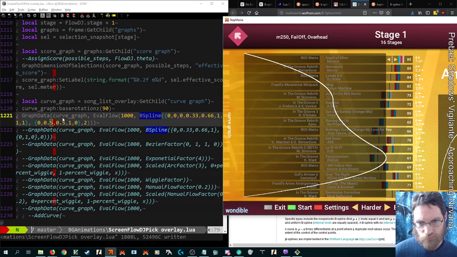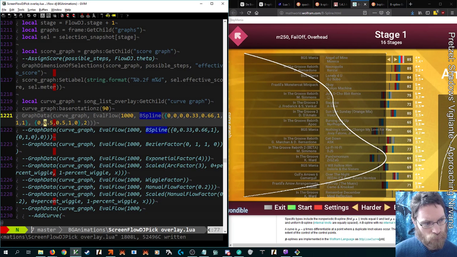Okay, I mean, it still feels weird how we only have the two. It's only defining. It feels like this should only define 1, 2, 3 regions, but we've got 5 control points.